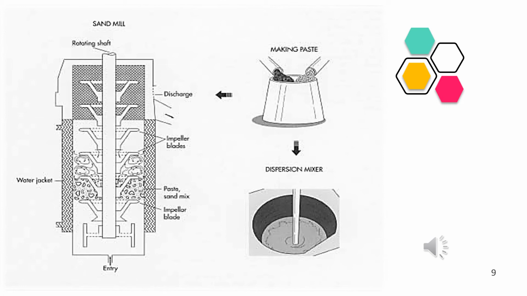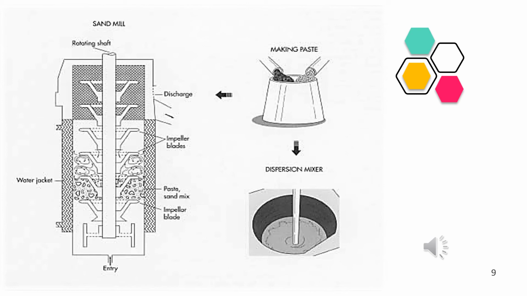A water jacket is present in the sand mill, and inside of this sand mill, a rotating shaft is present. Around this rotating shaft, the impeller blades are present. The purpose of these impeller blades is to agitate or blend the sample.